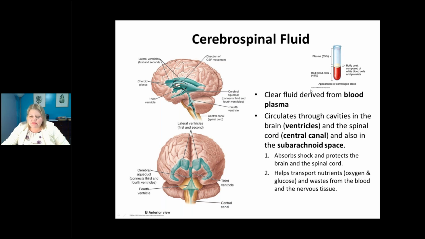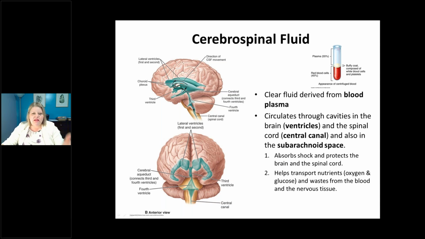So this plasma is what's circulating through the cavities in the brain. They're called ventricles. There are structures in the brain that actually produce cerebrospinal fluid and circulate it around the brain and the spinal cord. What I want you to know is that the cerebrospinal fluid circulates through the cavities in the brain called the ventricles, but also the central canal of the spinal cord, which I will highlight when we get more into the anatomy of the spinal cord.